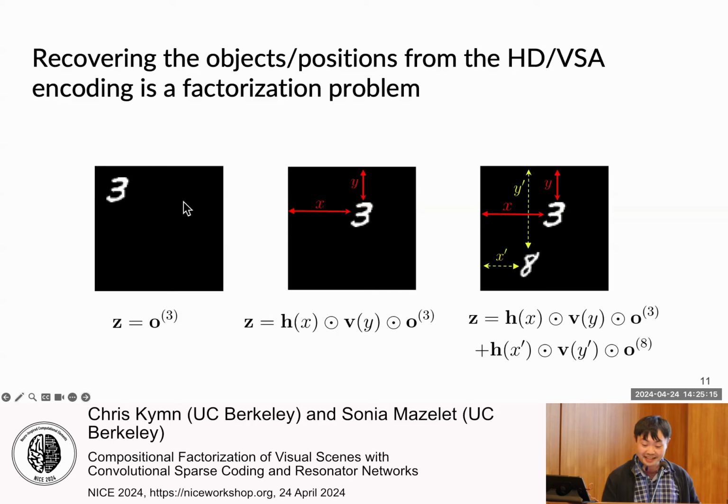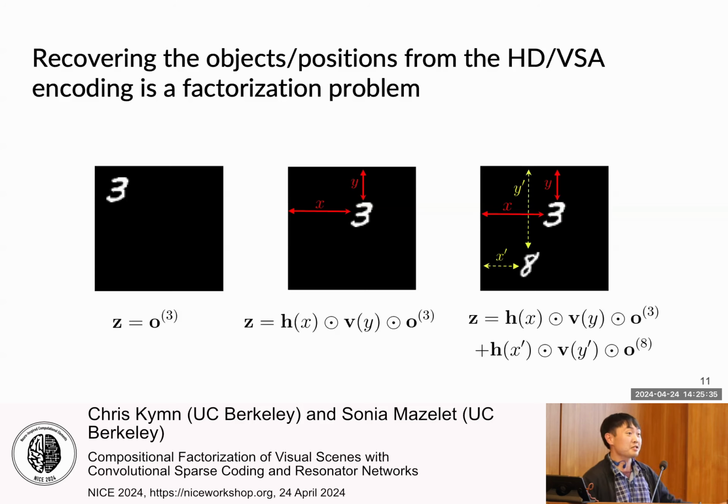And if we want to add in another object, that's okay. We just do that mathematically via adding it. So the nice thing now is that we have a compositional generative model for different visual scenes that, even though it's relatively simple in terms of its operations and encoding methods, is very powerful in explaining many different classes of images.